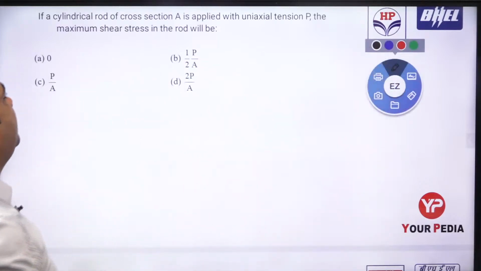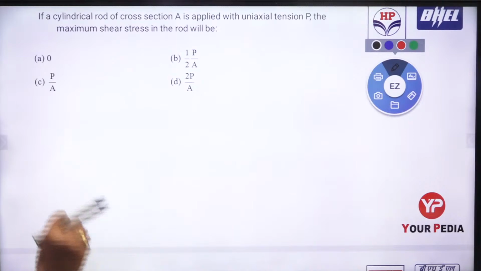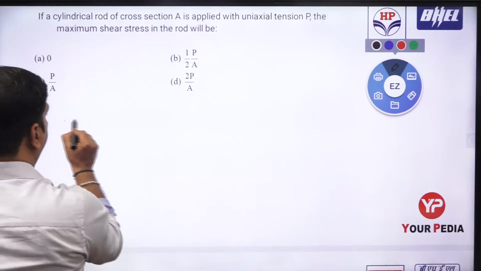This is saying that if a cylindrical rod of cross section A is subjected to uniaxial tension P, the maximum shear stress in the rod would be. So this is a rod.